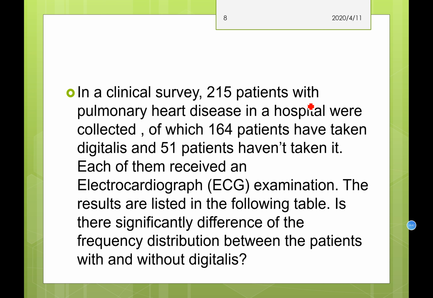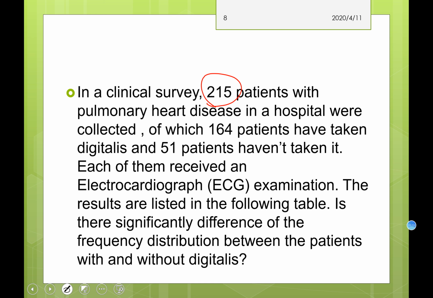So here, let's analyze the information which is given in the question. In a clinical survey, 215 patients were collected. So that means there are 215 patients included in this research. Here, this number means the sample size, that means the little n.